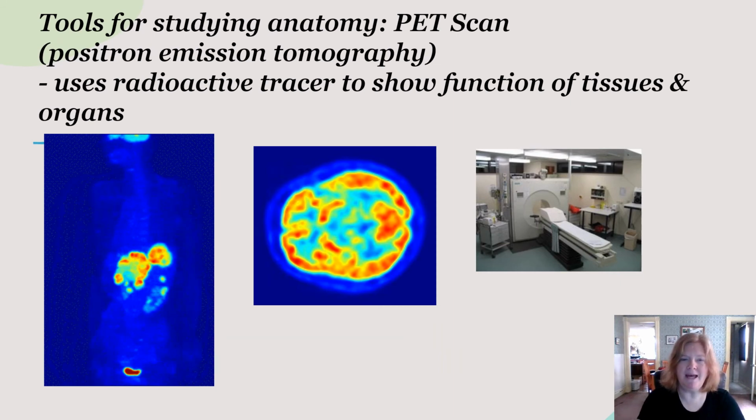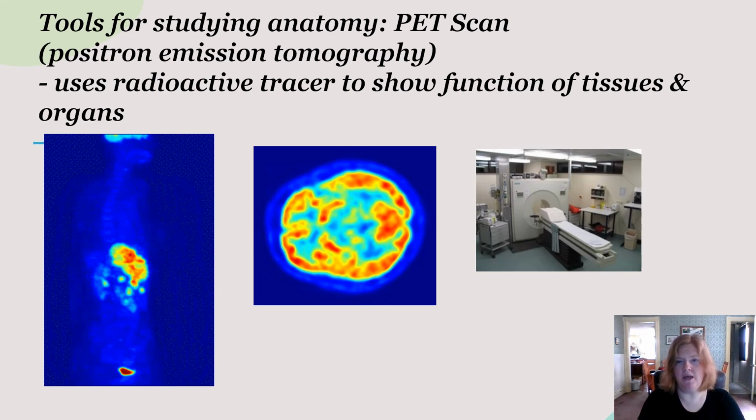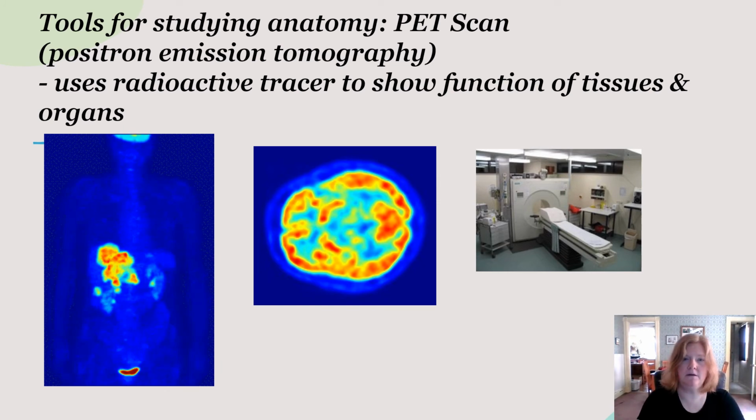There's also a PET scan. A PET scan, it stands for positron emission tomography, and it uses a radioactive tracer. Often it's glucose, okay, and it shows the function of tissues and organs, so you can actually see where there might be problems. This is often used in cancer patients to see how the functioning of organs that are affected.